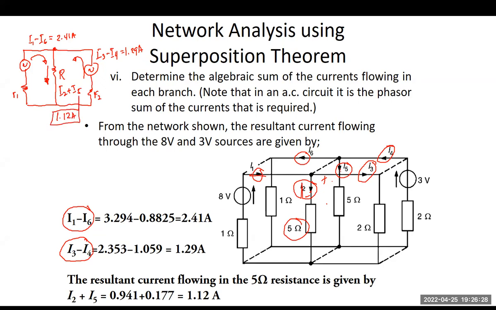So that will now be the current flowing through the resistance R. You could make use of this formula even though we have more than two voltage sources. So any question?